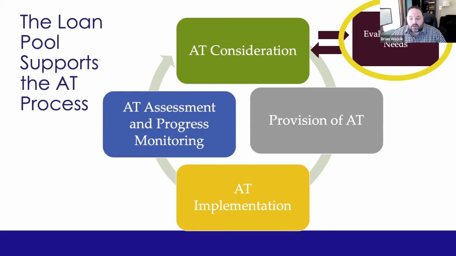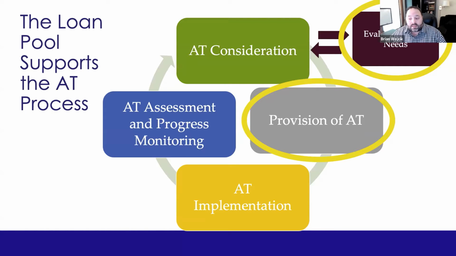The ATP Education Program statewide loan pool may also support IEP and IFSP teams in the provision of assistive technology. For example, when a team determines AT to be necessary within the context of the IEP or IFSP, it is the responsibility of that team to ensure timely provision and implementation of that assistive technology. There may be situations in which the assistive technology that needs to be implemented is in the process of being procured.